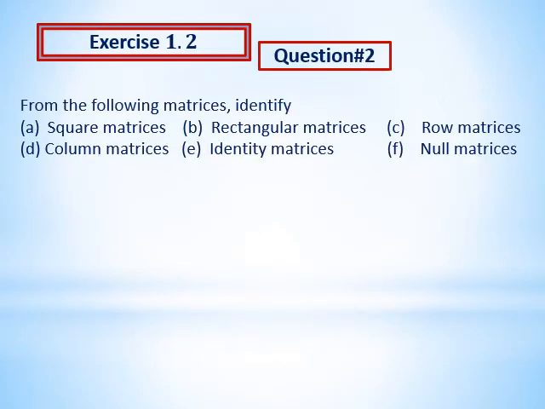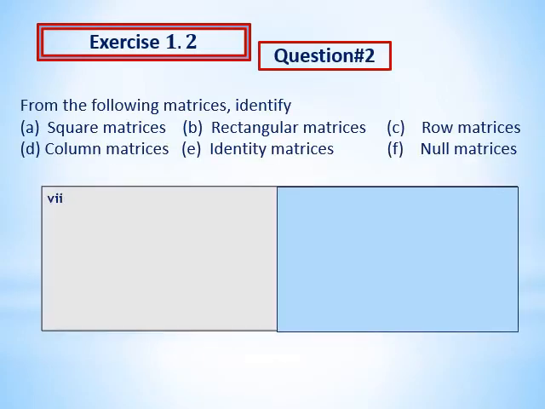Next, question number 2, same question. Identify. Part 7. Look here. 1, 0 and 0. This is a matrix and it has 3 rows and 1 column. So this is not a square matrix, as its number of rows is not equal to its number of columns.